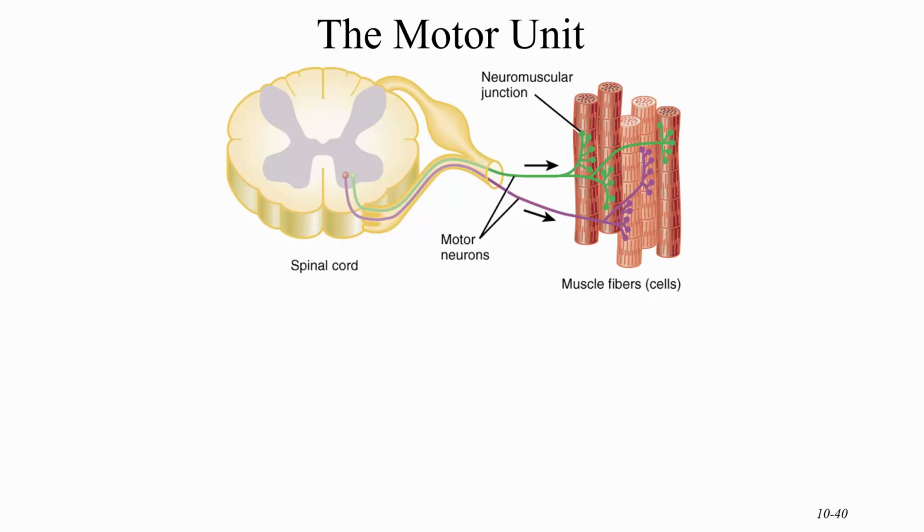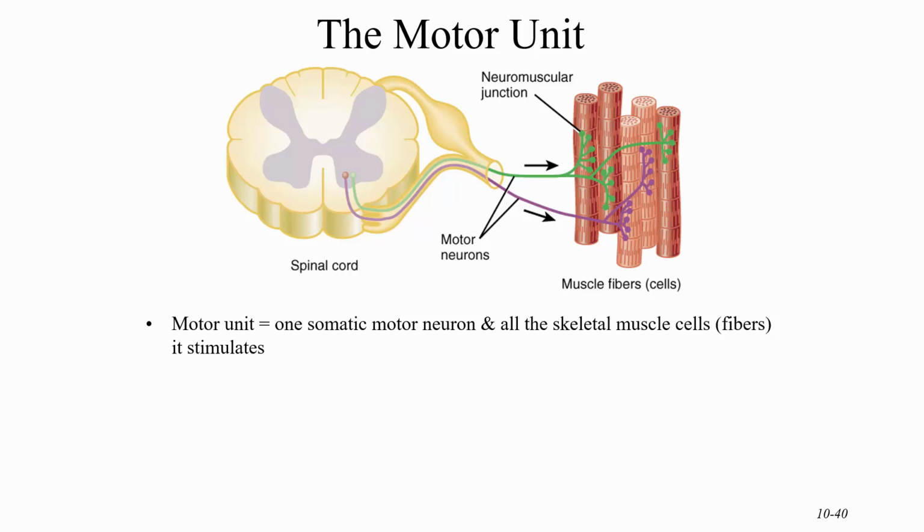Okay, looking at a motor unit. A motor unit equals one somatic motor neuron and all of the skeletal muscle cells or fibers it stimulates. So if we look at this motor neuron here, we see that it stimulates this muscle cell and this muscle cell, whereas this one stimulates this cell and this cell.